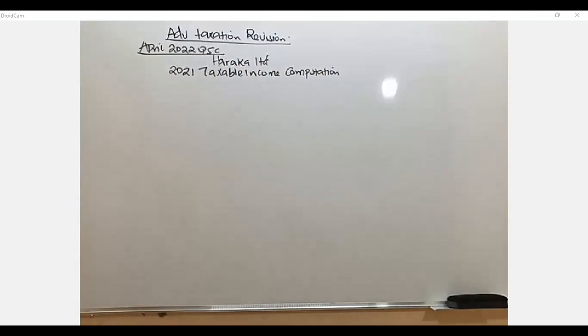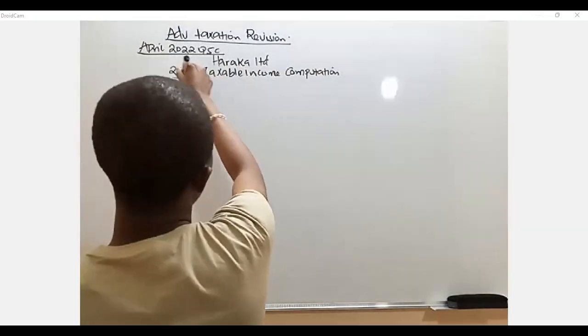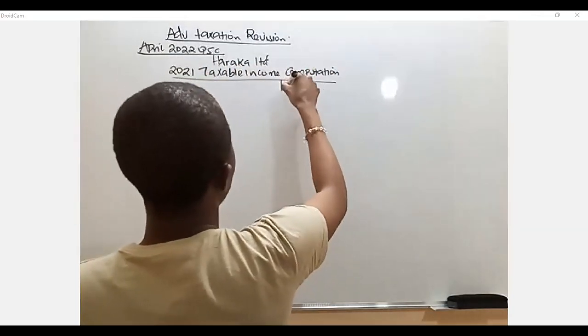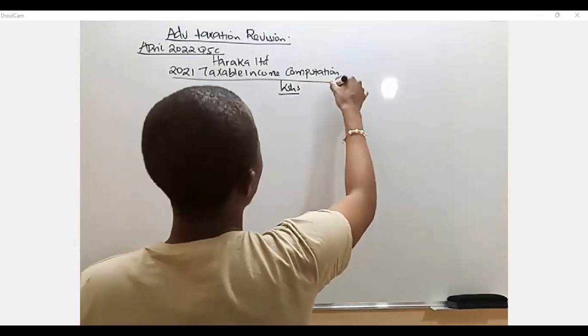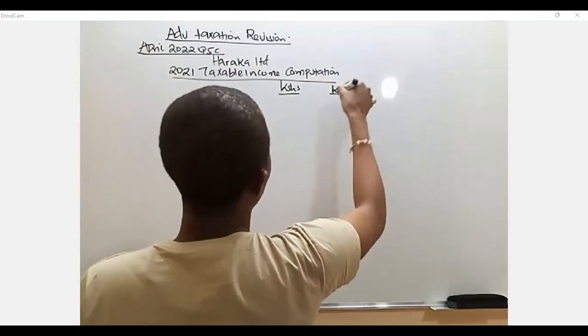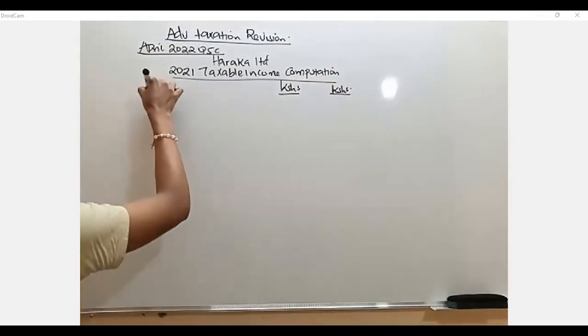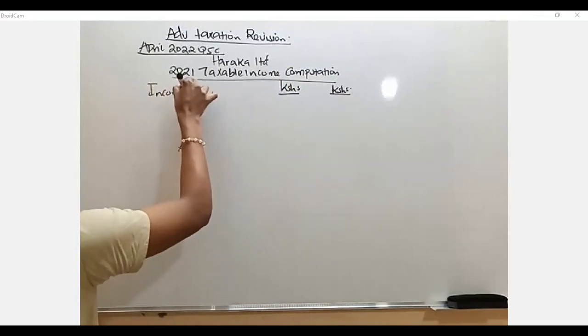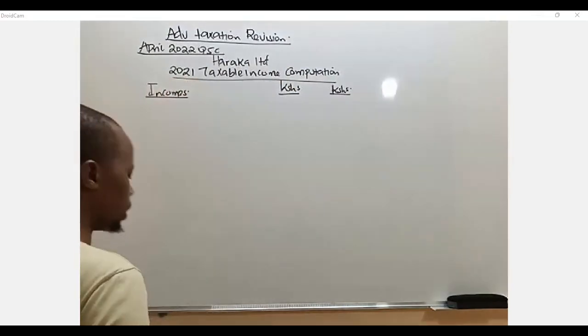So in that case, let us have two columns of Kenya shillings. We have Kenya shillings there. Then we start by looking at the incomes. We start with the incomes.